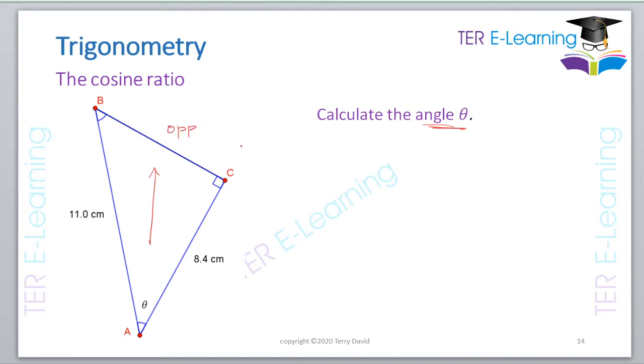And the side opposite the right angle is my hypotenuse. And therefore the last side here is my adjacent. So if you look carefully, I have hypotenuse and I have adjacent. So which ratio am I using here?